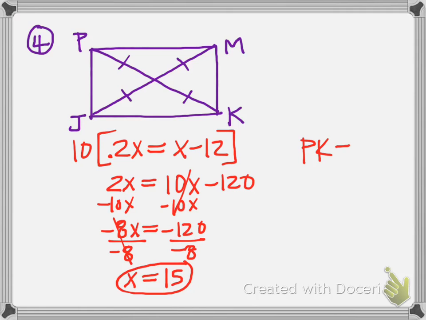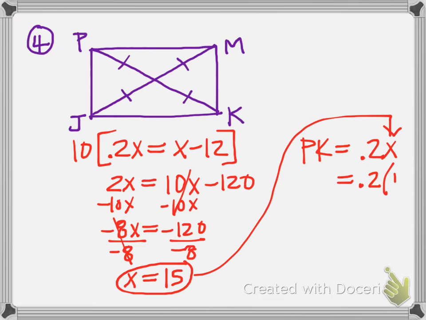PK was represented with the expression 0.2x. So all we have to do is plug that 15 into here. 0.2 times 15 gives us 3. So PK has a value of 3.